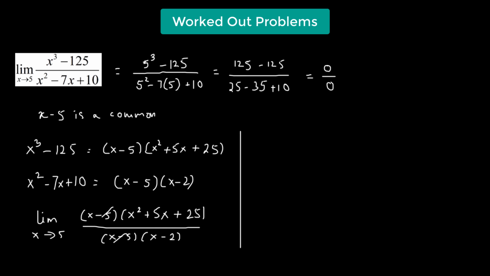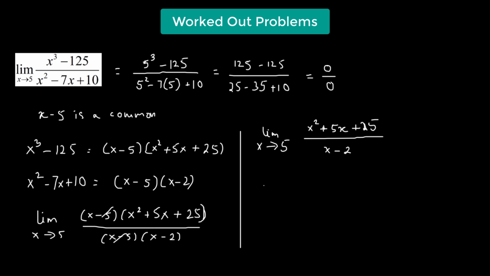So we are left with the limit as x goes to 5 of x squared plus 5x plus 25, so this is not 251, this is 25, divided by x minus 2.